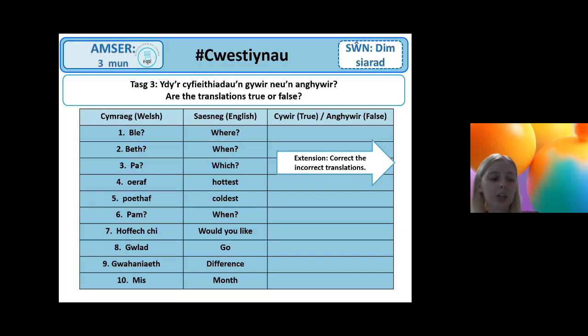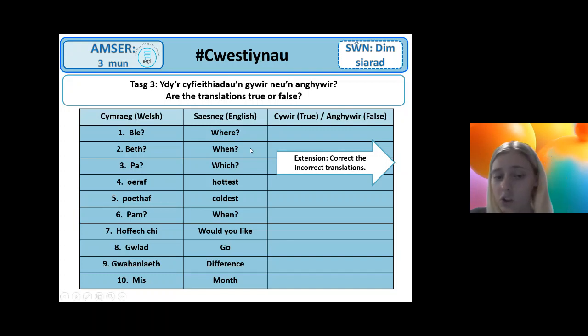So remember, type in the chat if you have any questions. So if we have a look, "ble", where, is that "cywir", true, or "anghywir", false? Always think C for correct or C for true. "Beth", is that when in English? Remember, if it's "anghywir", if it's incorrect, then try and translate it into English.